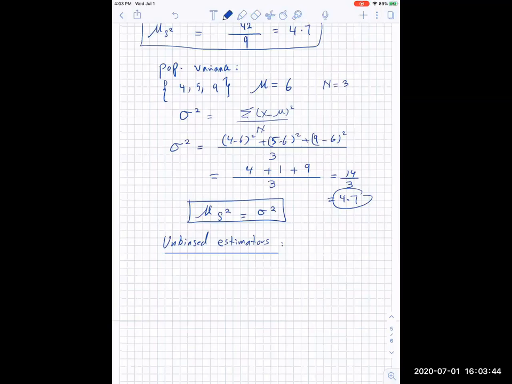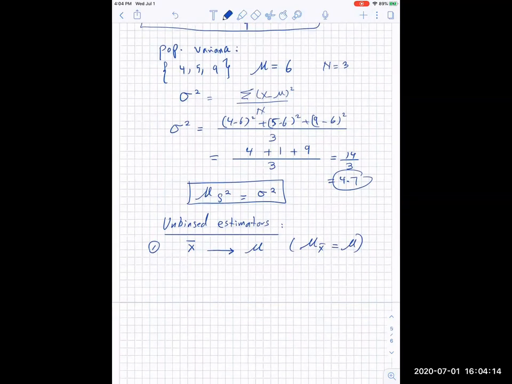Unbiased estimators are estimators that target the population parameter. So earlier we said that the sample means will lead you to the population mean. They target the population mean. We said earlier that the mean of the sample means is equal to the population mean. So X bar, because it's clustered or concentrated about the population mean, it is considered statistically an unbiased estimator.